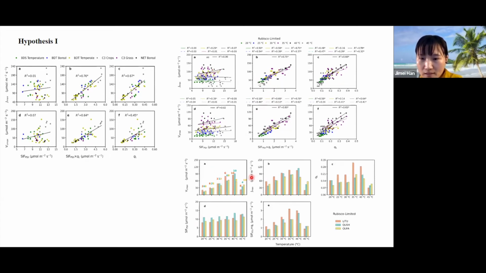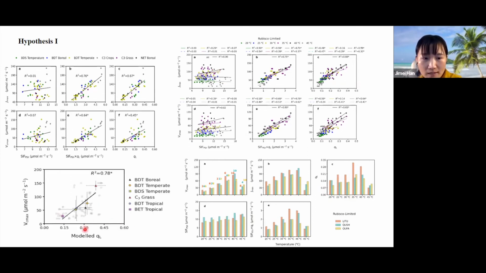We find the Vcmax, Gmax, and QL have similar patterns with temperature, but temperature has a weaker impact on SIF. So the Vcmax, Gmax, QL increase in parallel as a function of temperature from 20 to 35 degrees, and then decrease at higher temperatures. And also we find a linear relationship between Vcmax and QL.